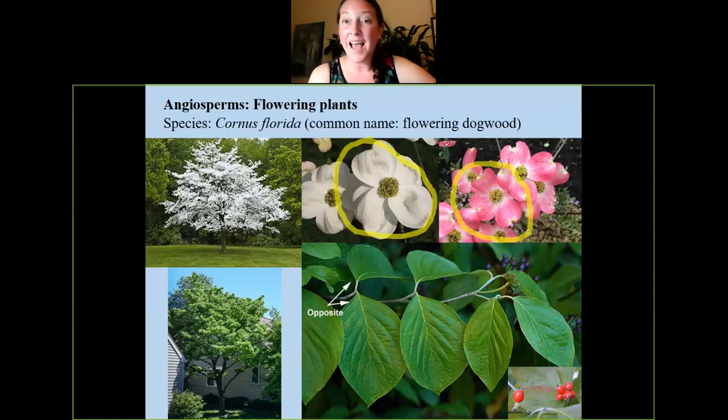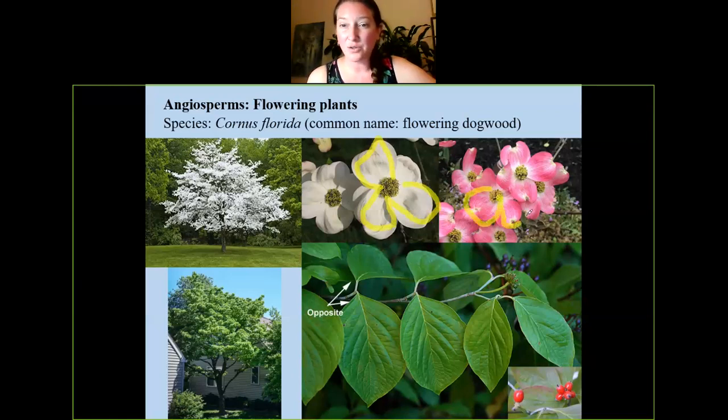And in actuality, only the middle part is the flower. In the case of flowering dogwoods, the things surrounding the flower are once again bracts. They look different than the other leaves, right? In this case, they're white or pink.